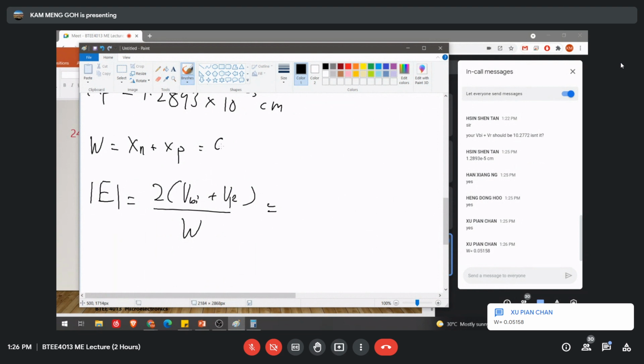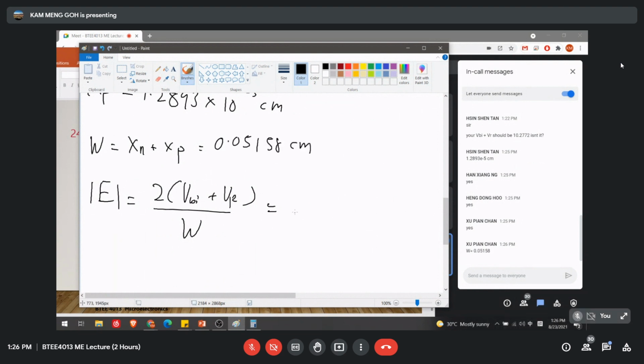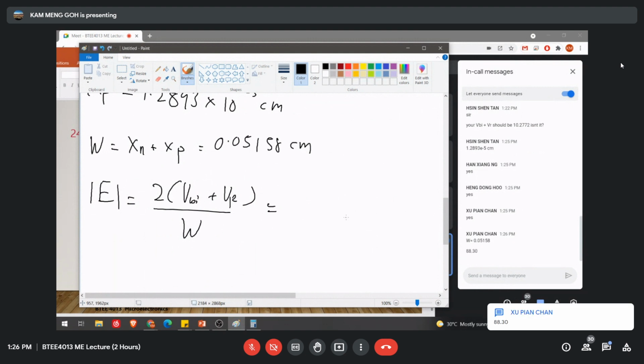Okay, W will get 0.05158 cm. E max, okay, 88.3. Ko Heng Dong, Ng Han Sen, do you get the same answer?